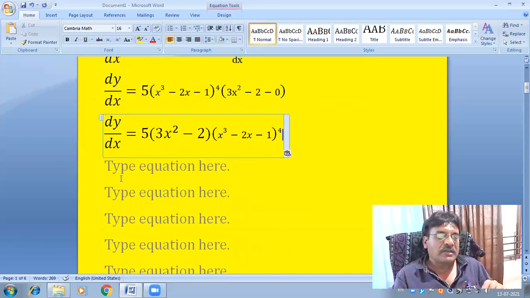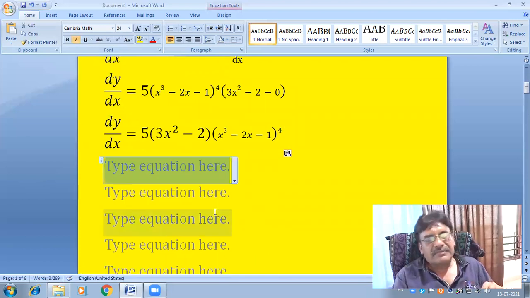Next problem, again we solve one problem. Again we find the derivative, that is dy by dx.